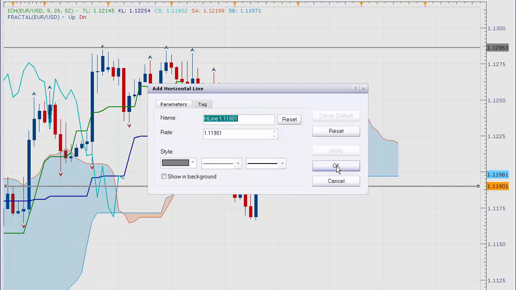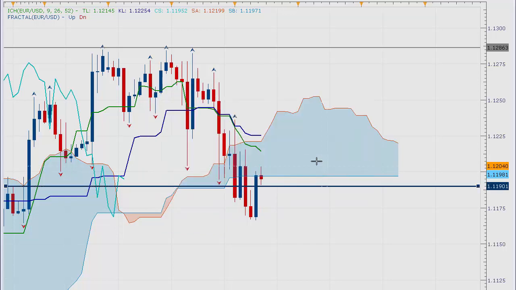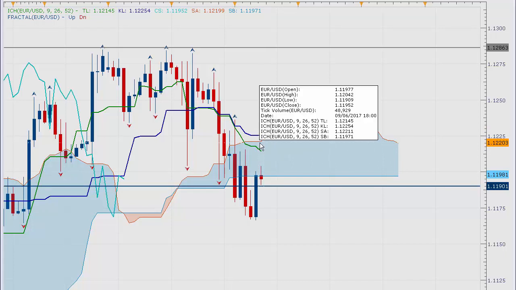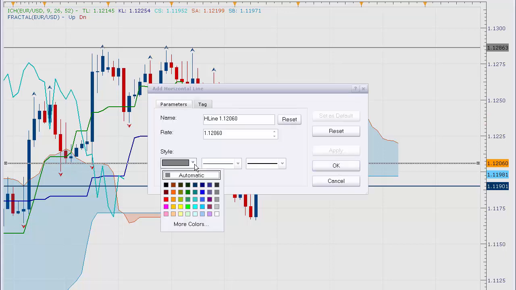We could put an entry there, make it below, and we could have a stop loss up here or behind Tenkan-sen. Probably be safer up here. But if we wanted a really tight stop loss, we could put the stop loss there, just above that doji.